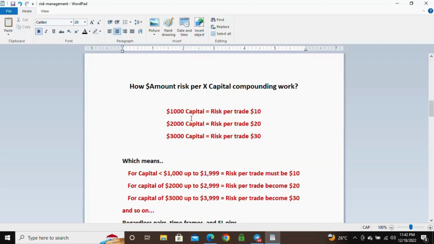So let's assume you have a 1,000 capital, and you are risking $10 per trade. If your capital grows to $2,000, then you'll be risking 20% per trade and $20 per trade. And if your capital grows to $3,000, then you can risk $30. So the more your capital is, the more you are risking.